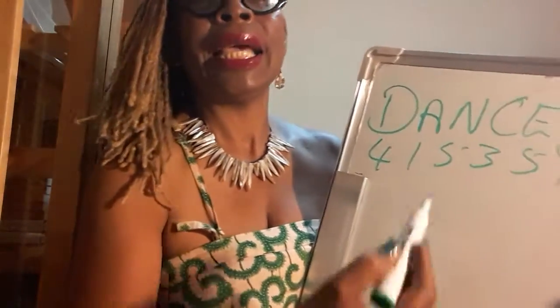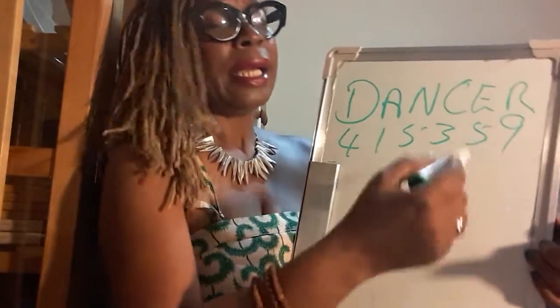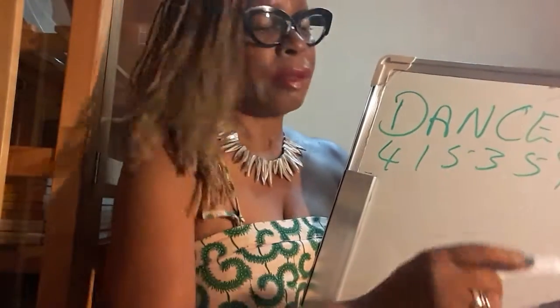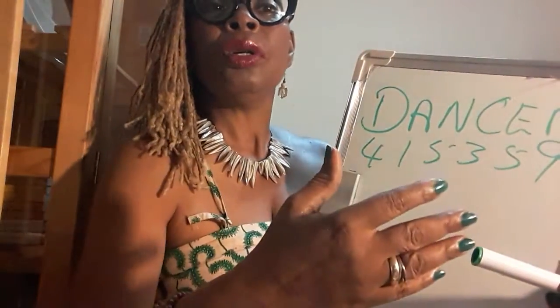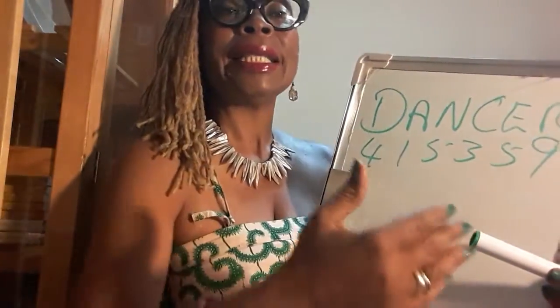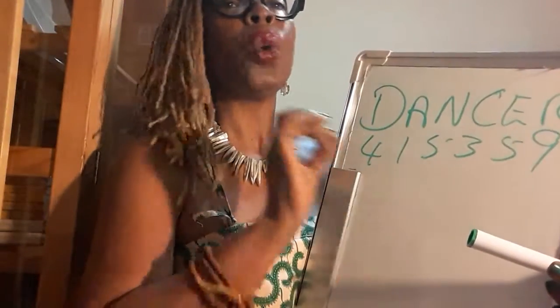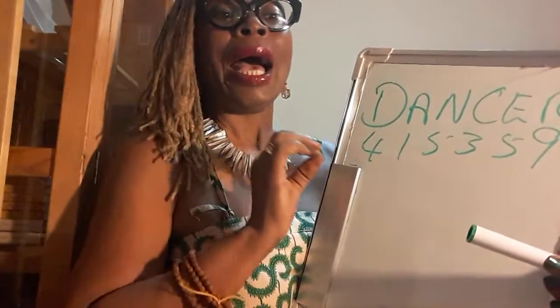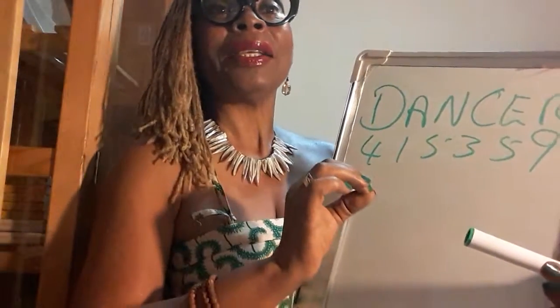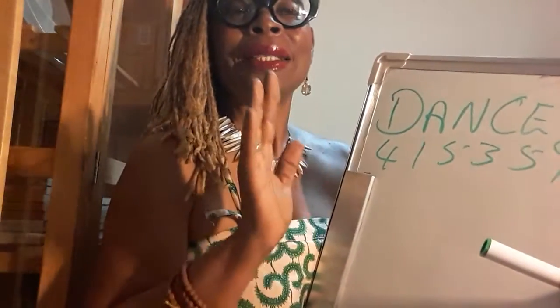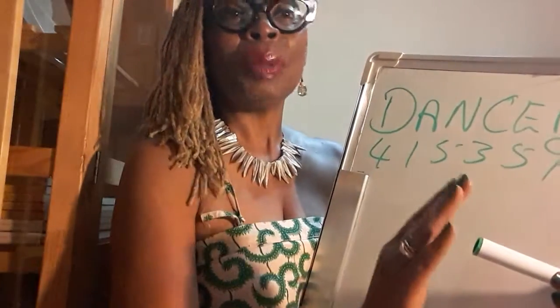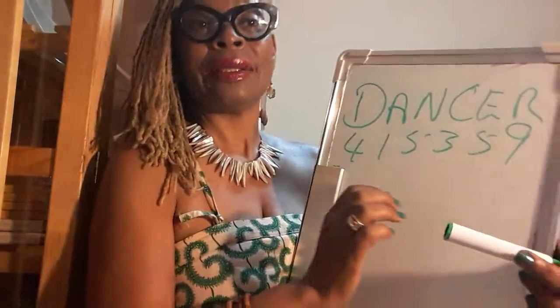I like the way it ends with 9, because 9 is that new and old. It ends and it begins. People say it ends, but it's beginning. The word beginning equals 9. So basically, where there is an ending, there is a new beginning, and that's what the dancer does.